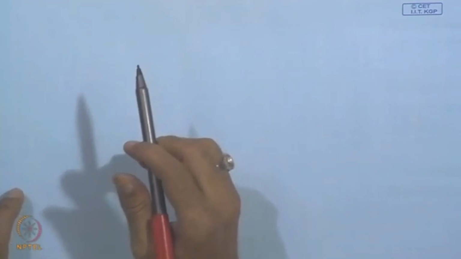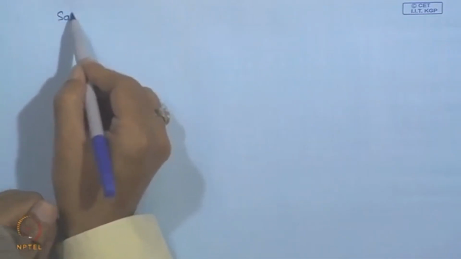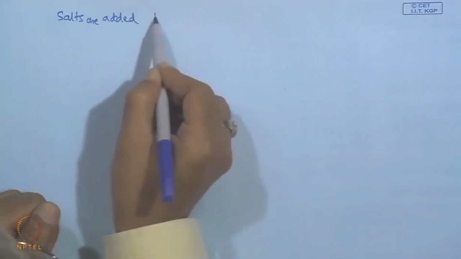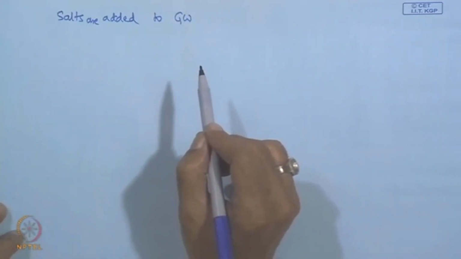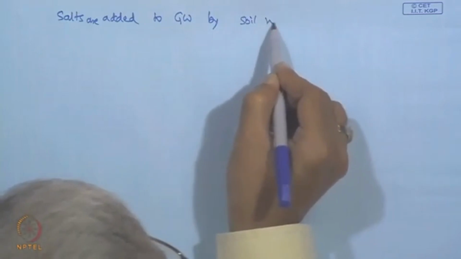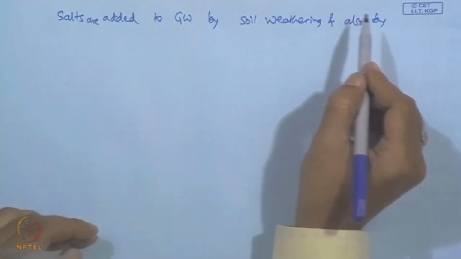So now, the salts added to the groundwater are added by soil weathering and also by rainfall erosion.